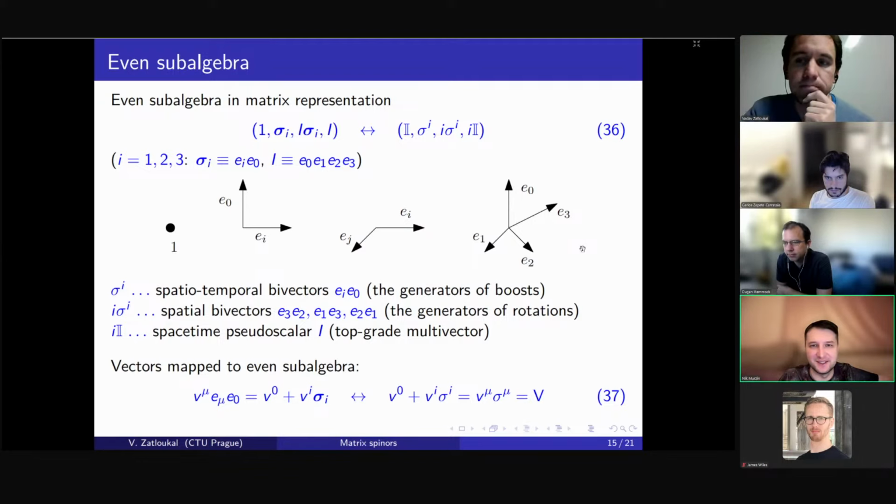I think it's basically the Lie algebra, Lie group correspondence. So you take an exponential, and these bivectors are your Lie algebra, and if you take an exponential, you get the Lie group.